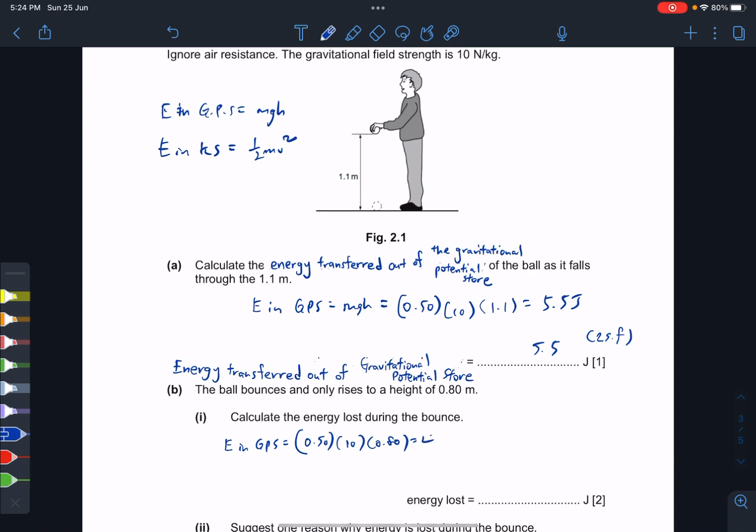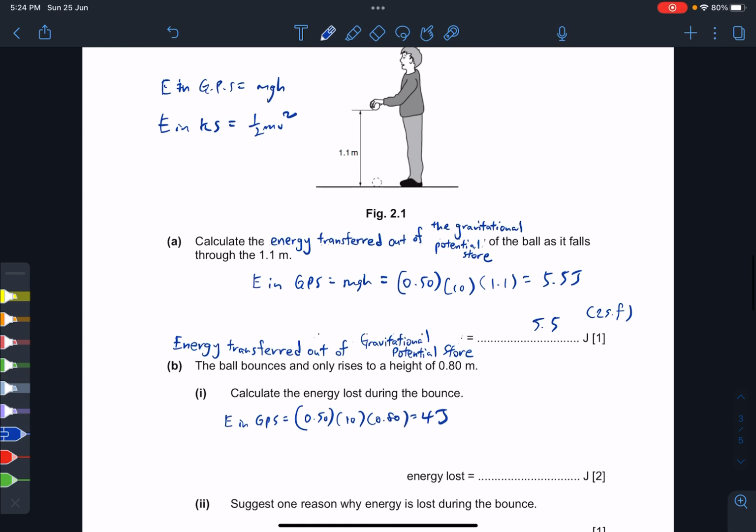You end up with 4 joule. That means by right, 5.5 joule as you drop down, you should bounce up to the same height, 5.5 joule. But in this case, only got 4 joule. So what is the energy loss then? Just minus off. 1.5 joule.